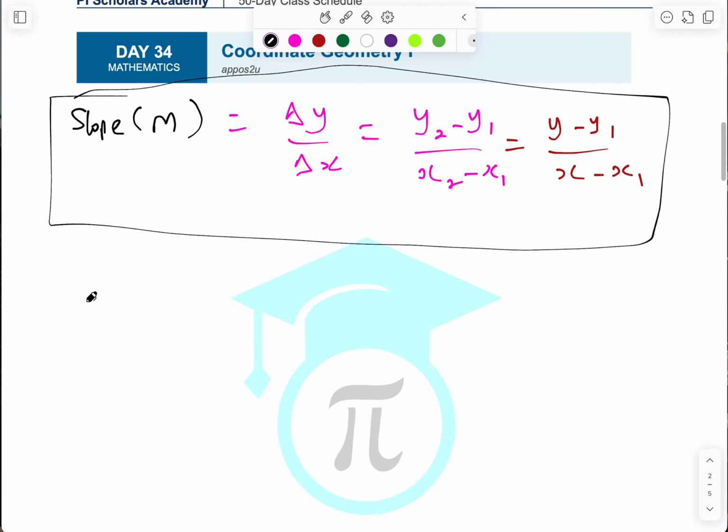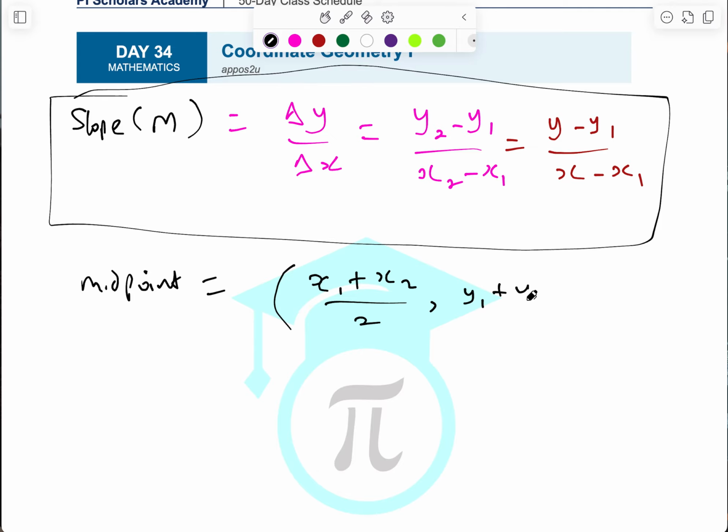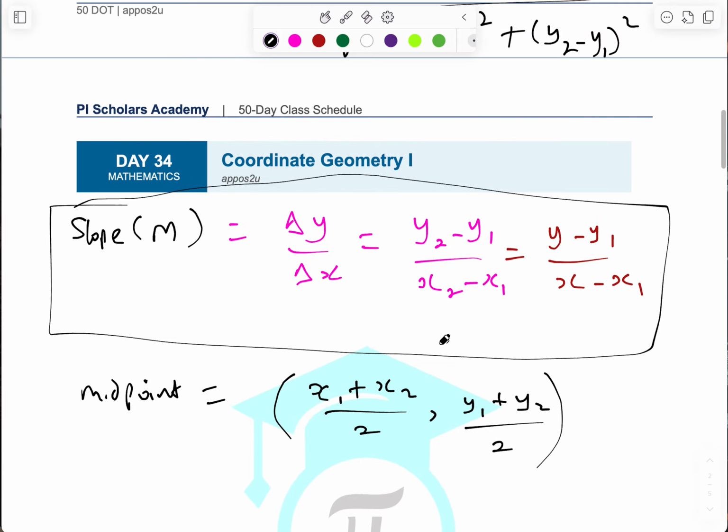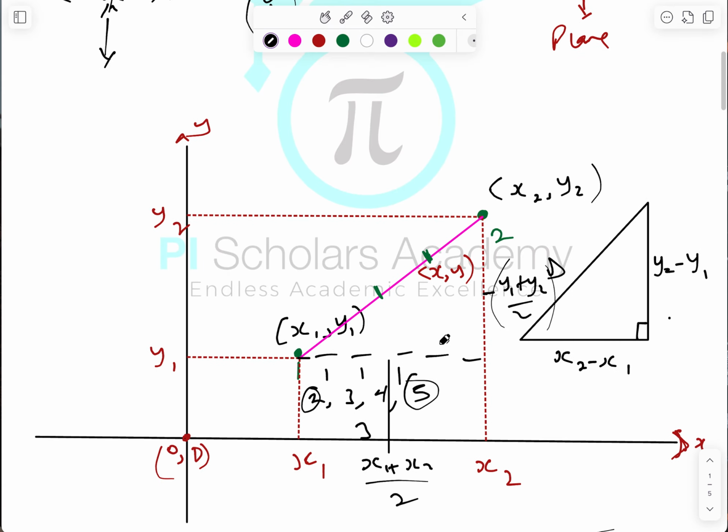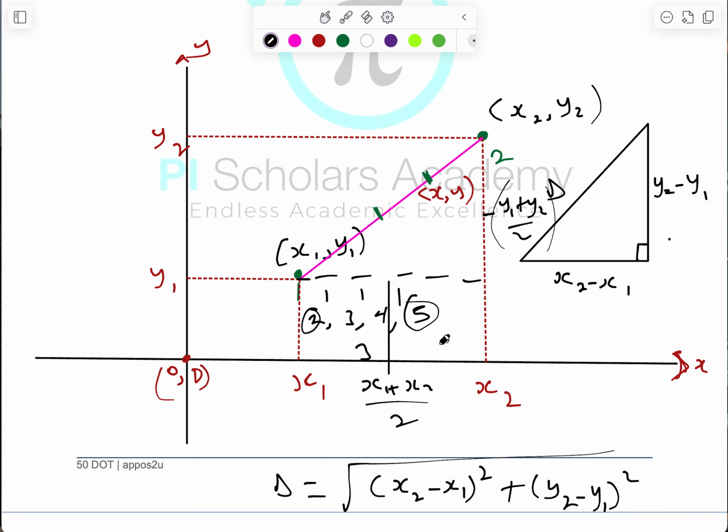So therefore, the midpoint of those lines will then be x1 plus x2 divided by 2, comma, y1 plus y2 divided by 2. Now, these are the major things that you will need to know how to find within this line. There are other things as well, but for now, I'm going to be discussing these three major things.